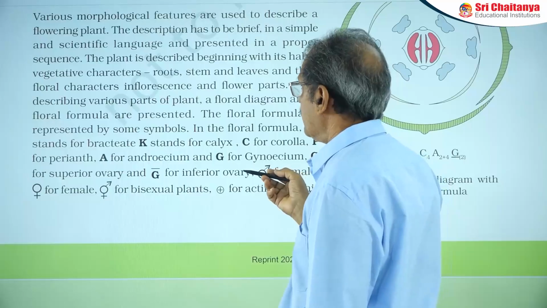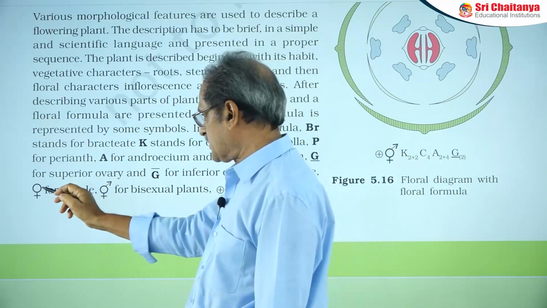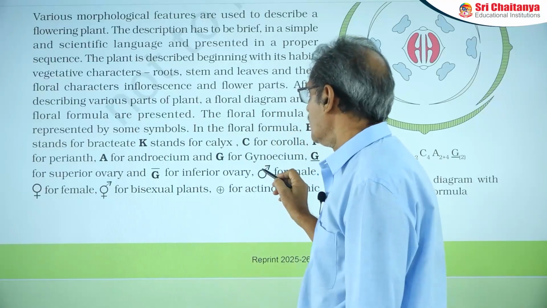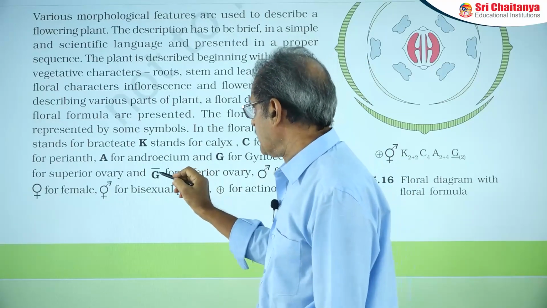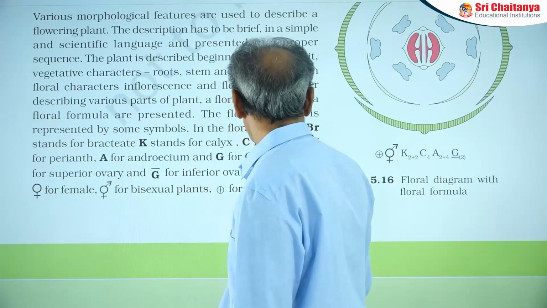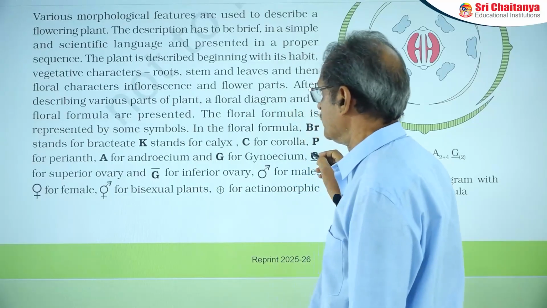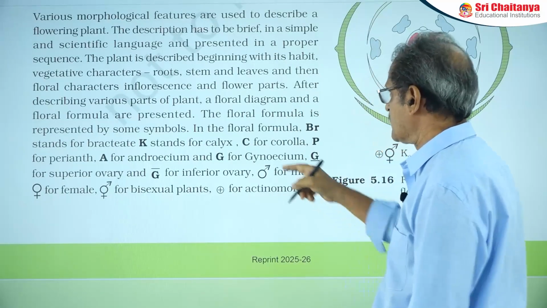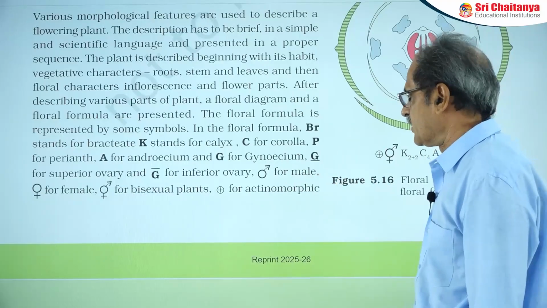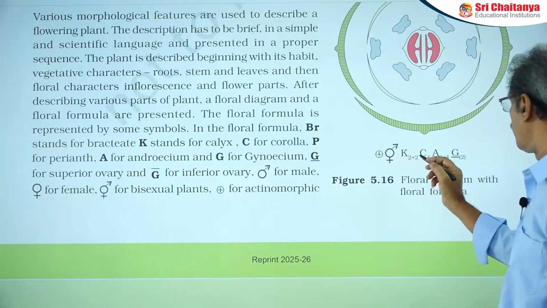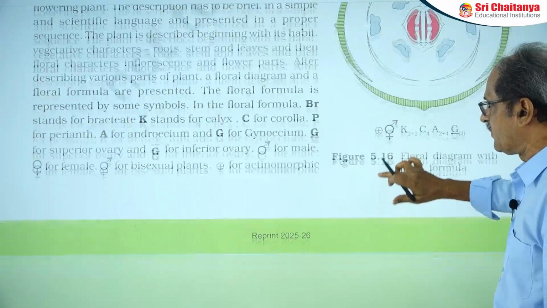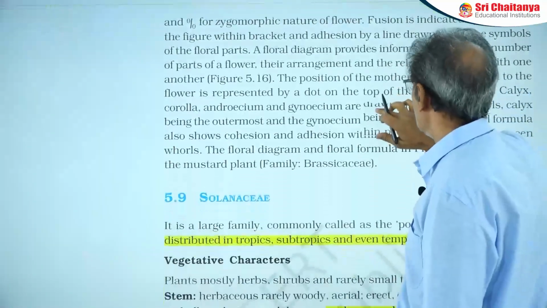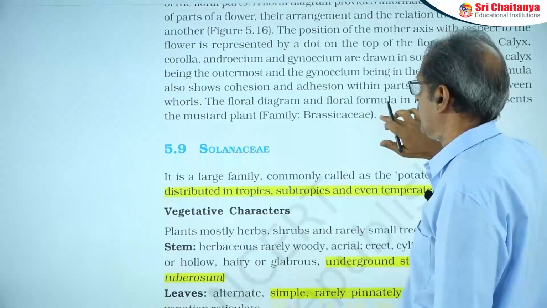Likewise, this symbol is unisexual female, this is bisexual, this is male flower, this is inferior ovary, and this is superior ovary. If you keep a bar in the middle, it is half superior. You have to memorize all the symbols, that is very important. This is the floral diagram with floral formula. This also I will explain in a short video, that's why I didn't underline here. You have to study the entire thing.